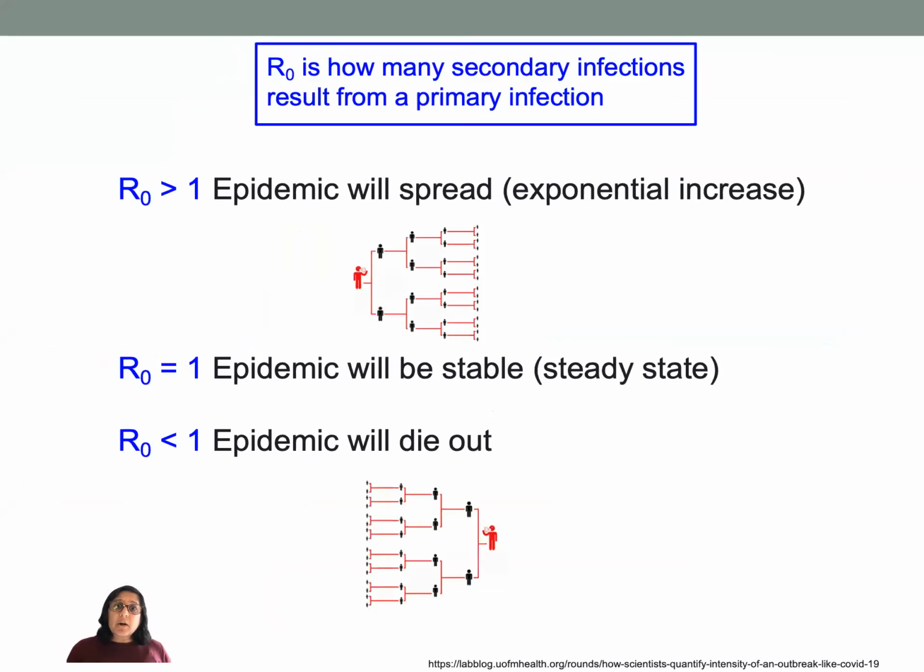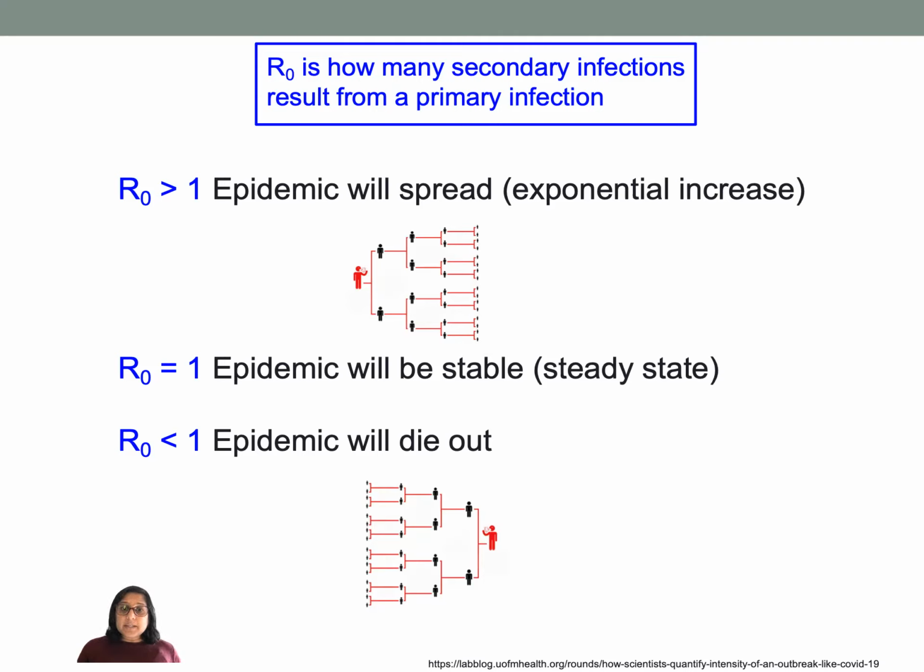So why is R naught important? Well, it tells you what the epidemic will be doing. So if R naught is greater than 1, the epidemic is going to spread. If I infect, on average, more than one other person before I recover, and then they infect on average more than one other person, there is no way for the epidemic not to spread.